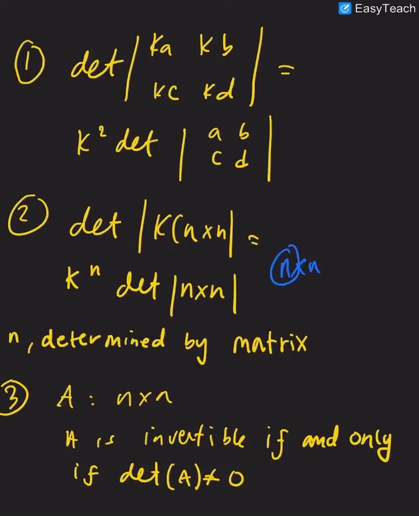So if this was a 3 by 3, that n would equal 3. Okay, so that's not too bad.